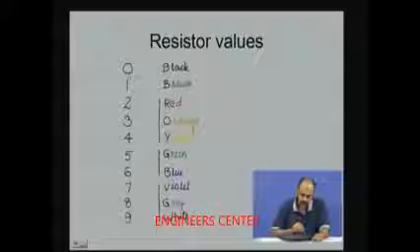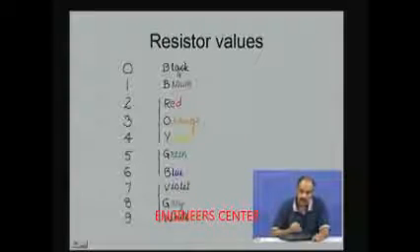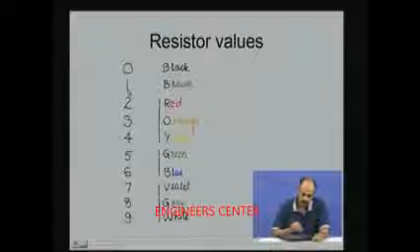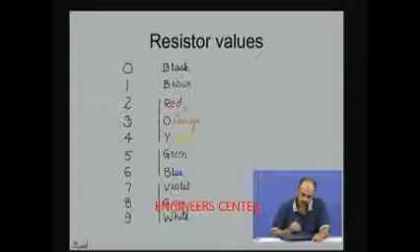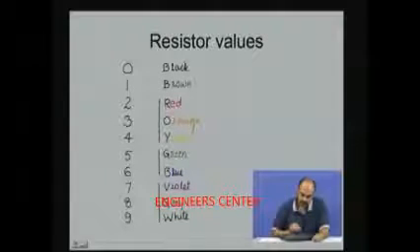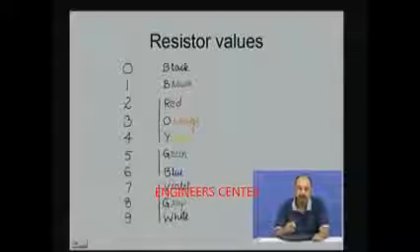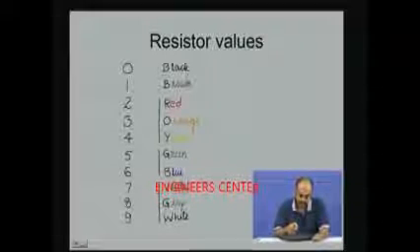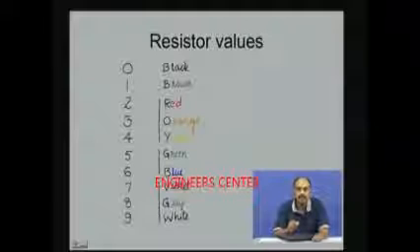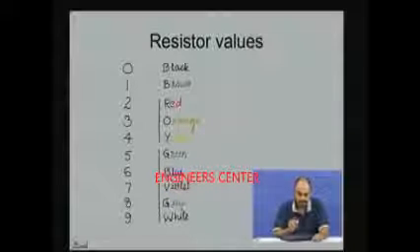The 0 is represented by black, 1 is represented by brown, 2 by red, so on and so forth, 3 is orange, yellow, green, blue, violet, grey, white, till 9. So, each color as given represents a numeric value.